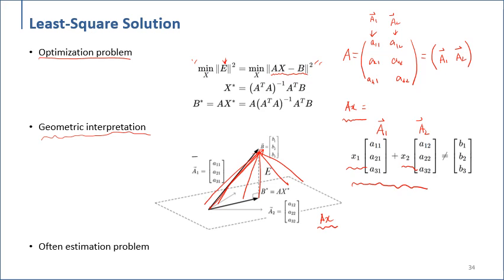This optimization problem is minimizing the L2 norm of this error. The best, optimized solution is the one with a right angle between the Ax star and the error vector.